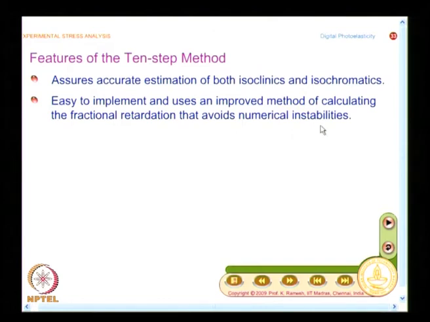In fact, this was a very difficult problem. Many researchers have looked at it and finally, we have a methodology. It is not so simple. Every point that I mentioned has taken several years. I am only trying to give you an overview in a nutshell, skipping a lot of mathematics. I am trying to tell you the gist of the philosophy behind digital photoelasticity.